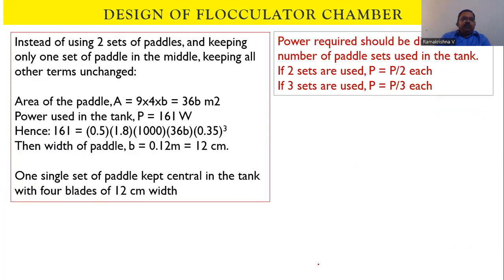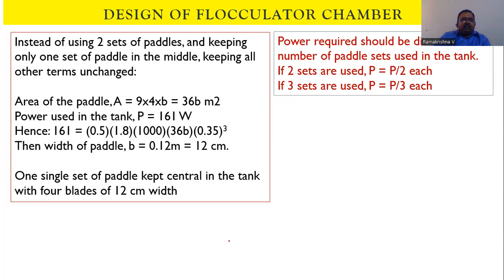So instead of using two sets of paddles, if I keep only one set of paddle, what will happen? I'm just rechecking the calculation. Because only one set of paddle is under operation, the total power should not be divided here. Single set of paddle, single value of power used to rotate it.